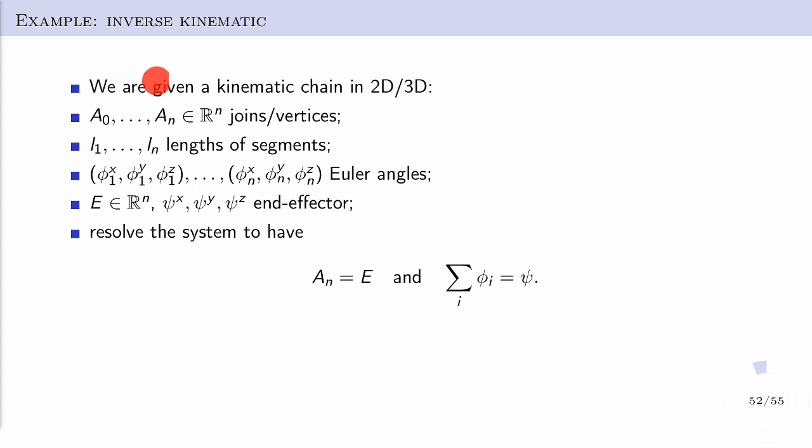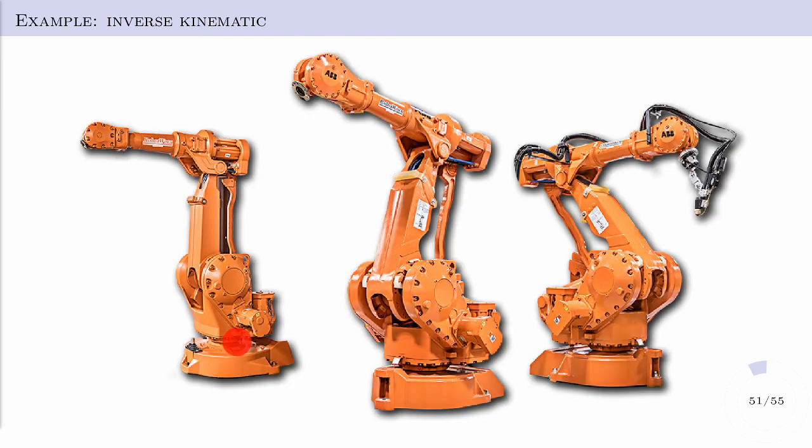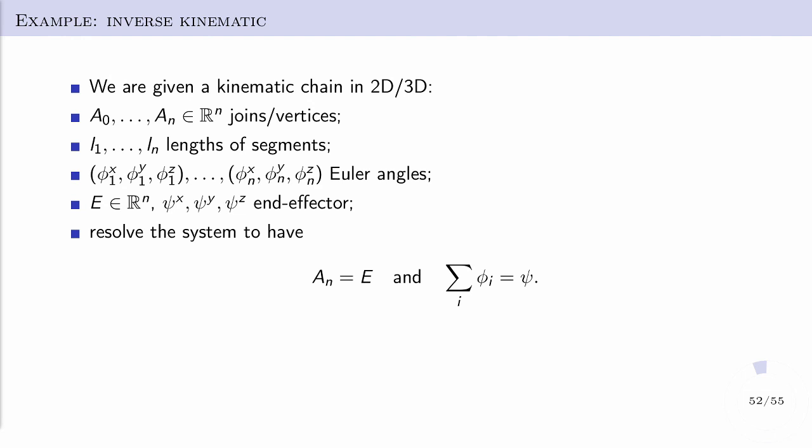Suppose that we have some kinematic chain in two or three dimensions. So this is a set of points, vertices or joints of this robot. So this is, for example, this point, and this point, the joints, or probably this point, and this point, and this point. The joints of the robot are the places where the segments of this robot can rotate.